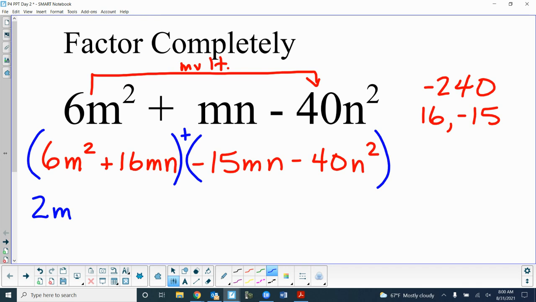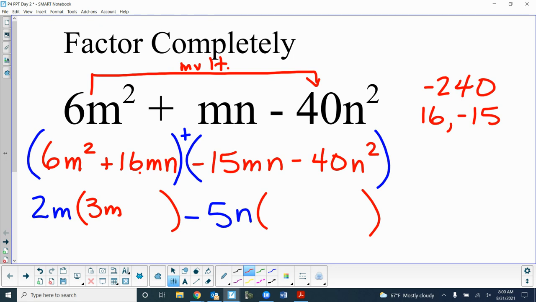All right? Over here, what did I tell you yesterday that we should always do if that's a minus sign there? Bring it out, right? Now, what goes into these 2? 5 and an n, right? What's 6m squared divided by 2m? 3m.